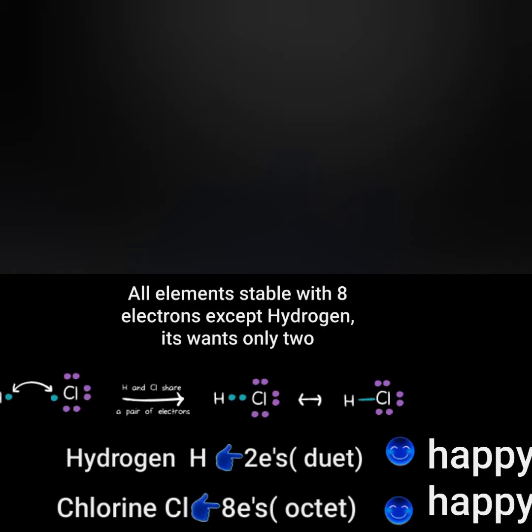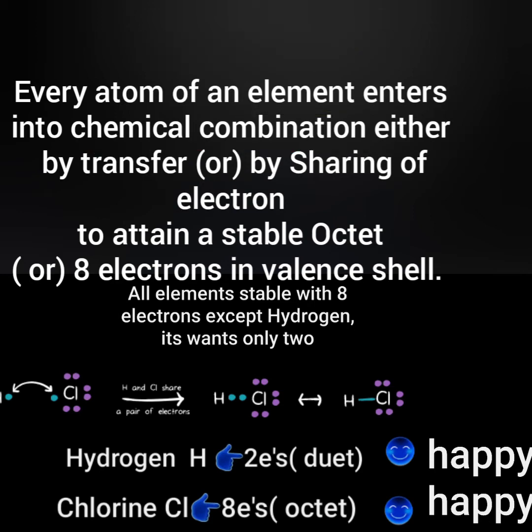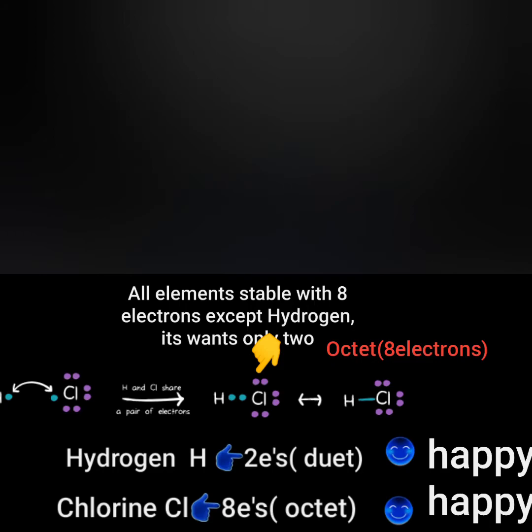Before we start, we need to know that every atom of an element enters into chemical combination either by transfer or by sharing of electrons to attain a stable octet, or 8 electrons, in the valence shell.